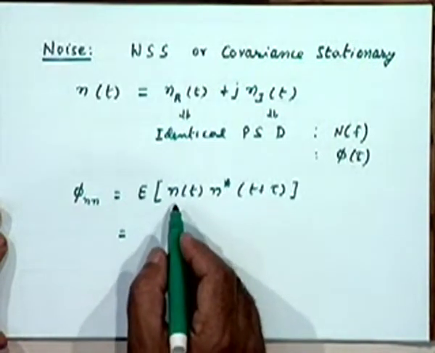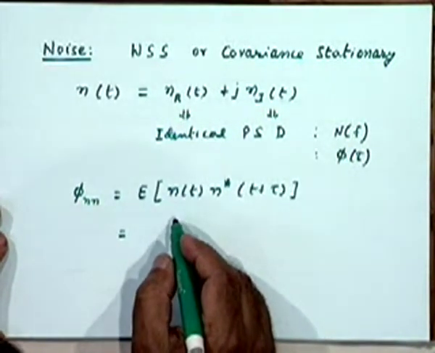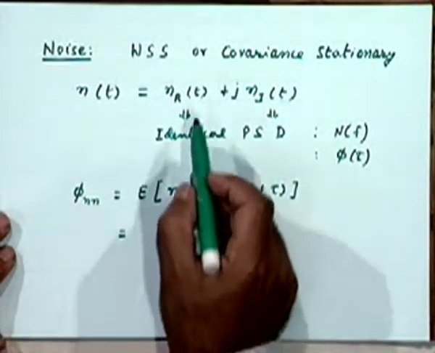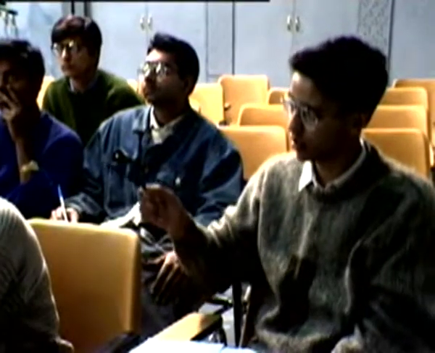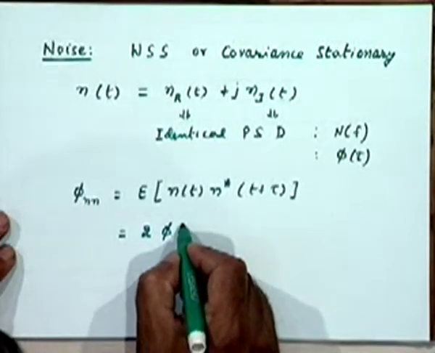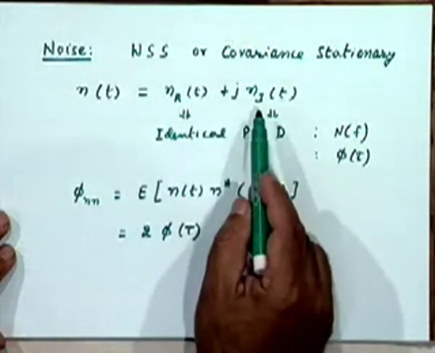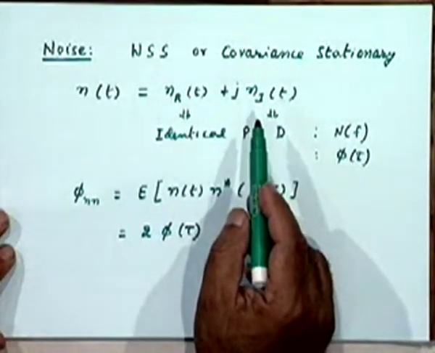So, what will you get? Two extra terms come: 2j n_R(t) into n_I conjugate, since it is n_R plus j n_I conjugate, plus n_I conjugate. It is very simple to check that this will simply turn out to be 2 phi(tau), under the assumption that n_R and n_I are uncorrelated or independent.